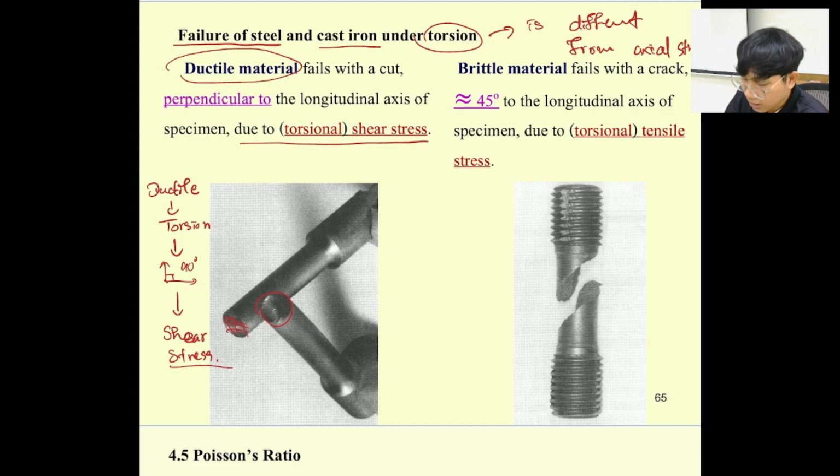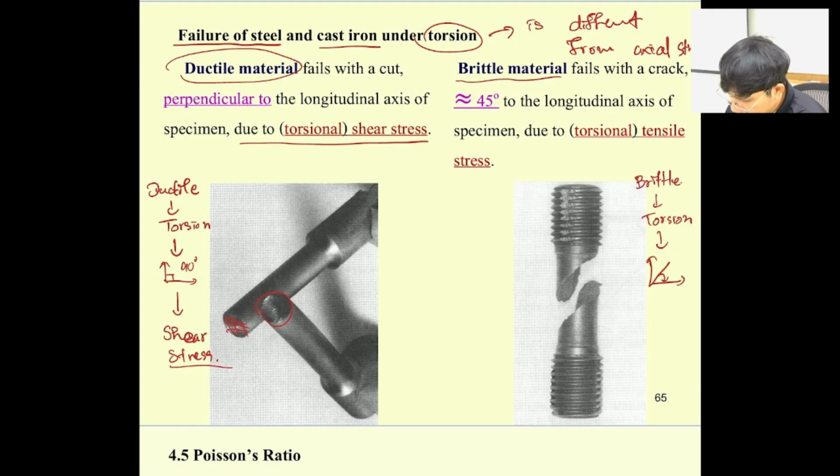Okay, the second one is the brittle material. We apply torsion, and then the failure angle is 45 degrees and it failed by tensile stress.